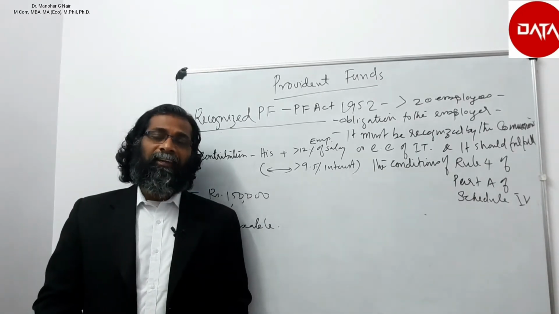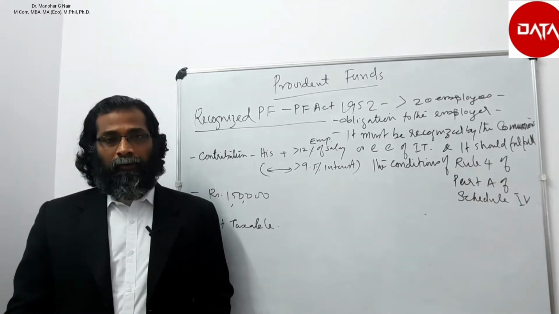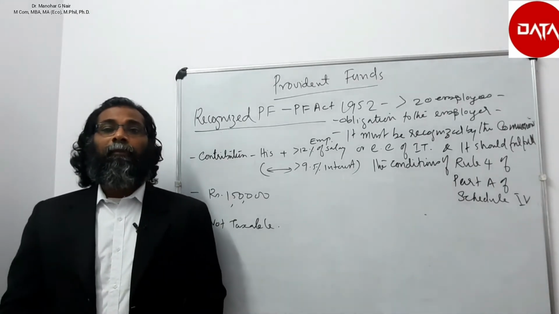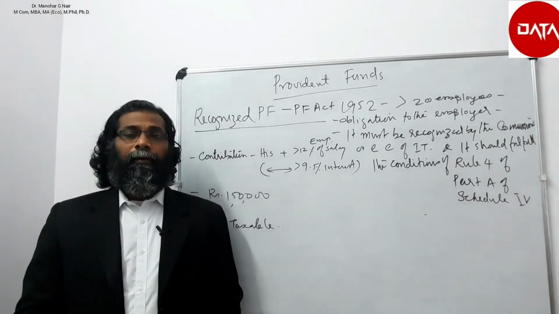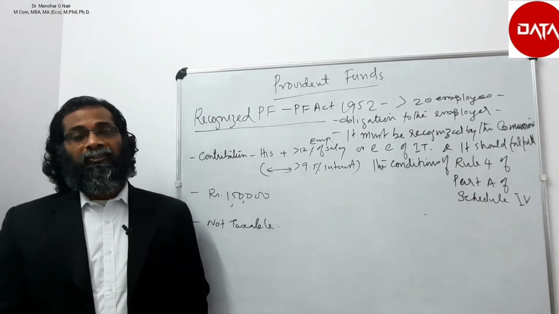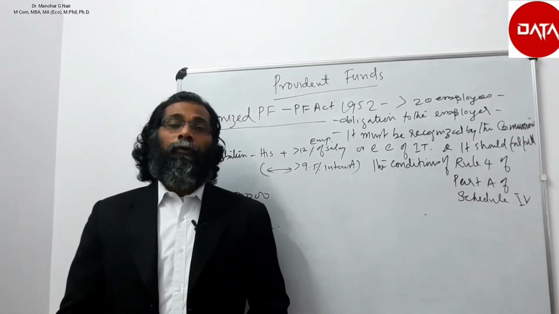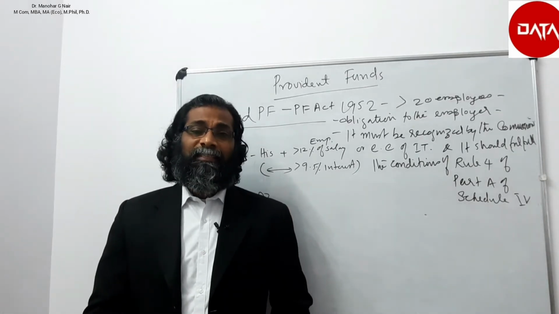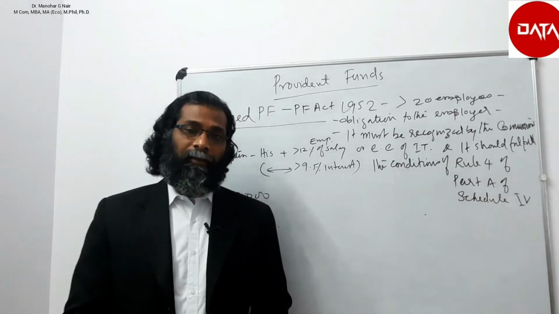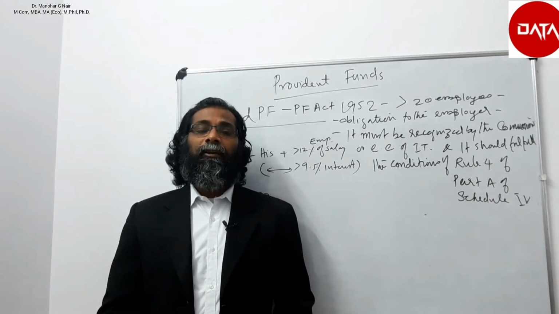It is the obligation of the employer to set up a Provident Fund account if he has more than 20 employees in his organization. This fund must be recognized by the Commissioner or Chief Commissioner of Income Tax. Rule 4, Part A of Schedule 4 has laid down 7 important conditions. Only if these conditions are satisfied would the Income Tax Department give recognition to this kind of Provident Fund.